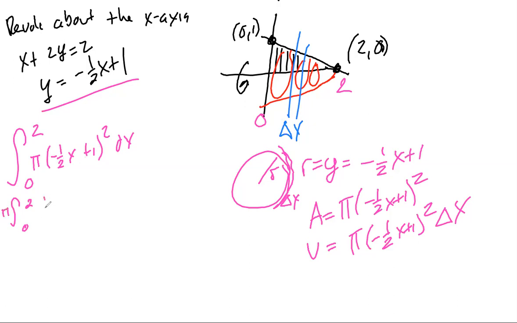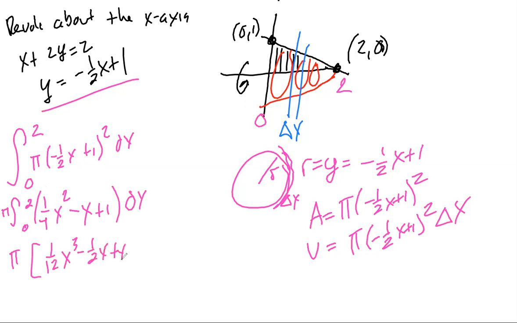Squaring this thing out, we're going to have a 1/4 x squared. That's going to be a negative 1/2 x and another negative 1/2 x, which is just going to give us a negative x. 1 times 1 is plus 1. So we have dx. Take the antiderivative, add 1 to get 3. So we'll have pi times 1/12 x to the third, 1/2 x squared plus x. And we're going to evaluate this between 0 and 2.